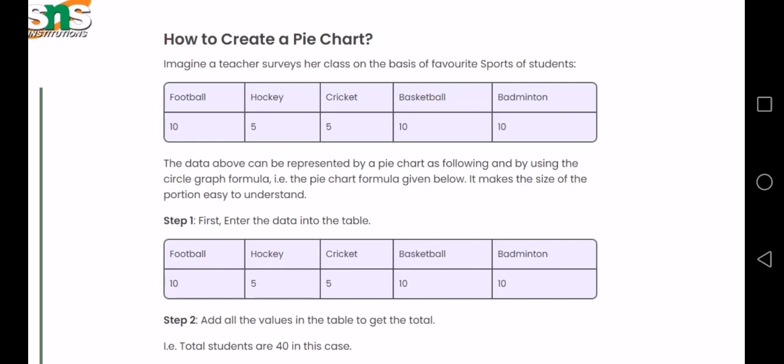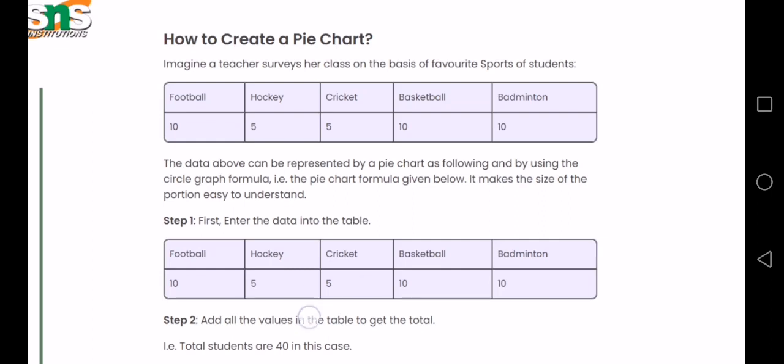The pie chart formula is given below. It makes the size of each portion easy to understand. First, enter the data into the table. Add all the values in the table to get the total. Total students are 40.